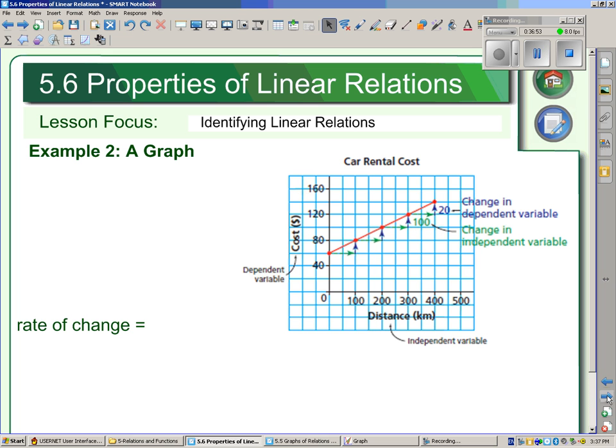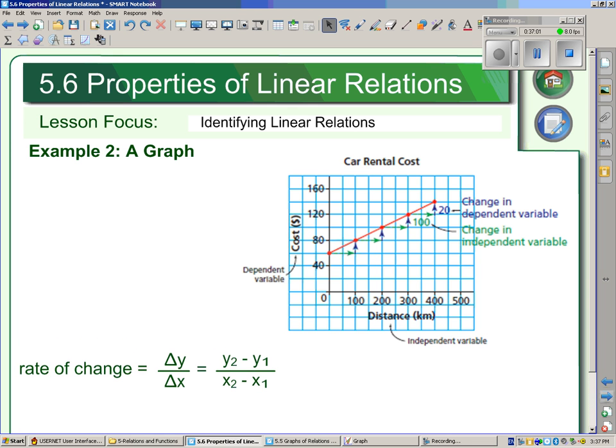In a graph, my rate of change is the same thing. It's the differences in the y's over the differences in the x's. When I'm reading it from a graph, I want to take 2 points that I can read from my graph.